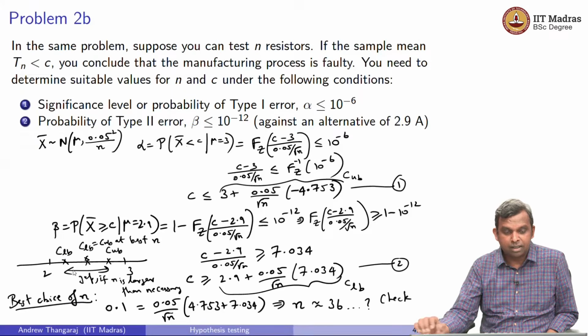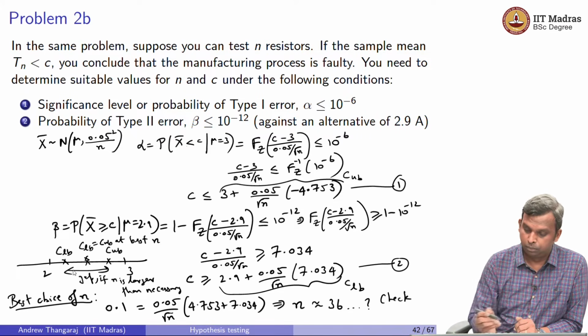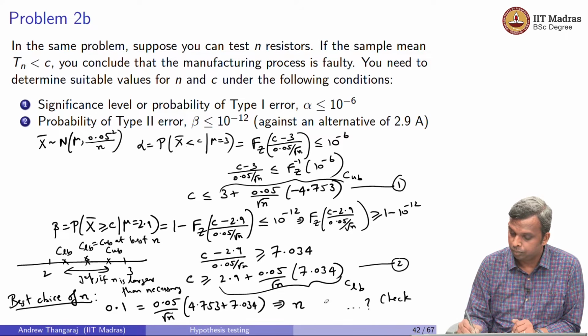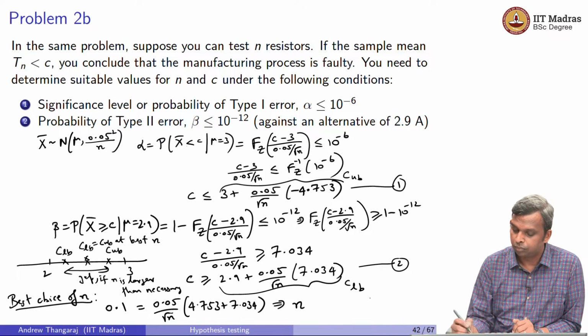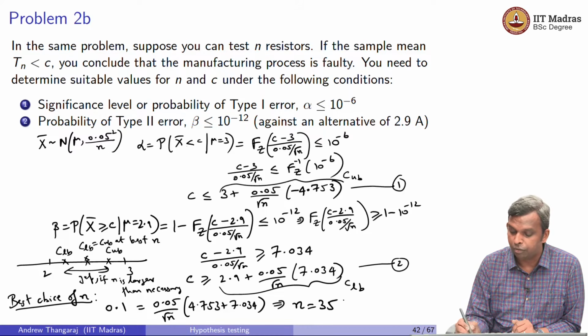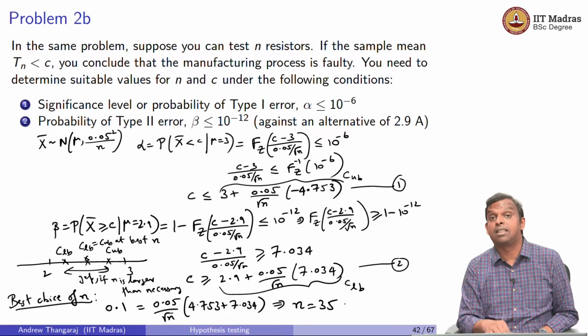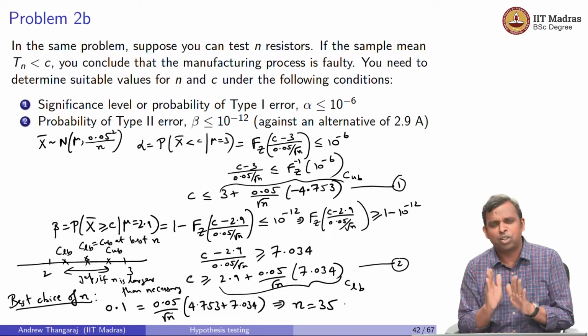Okay, so it's not 36. Okay, so you need to test 35 resistors, and 35 is sort of the optimal value.